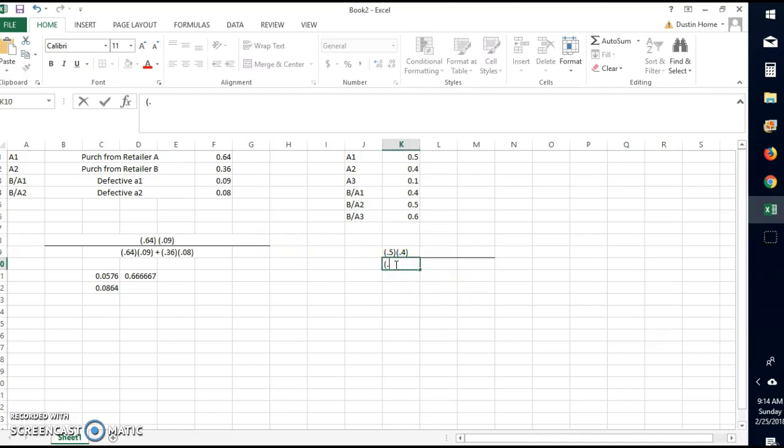We're going to repeat that, and then go straight to the next bonds. 0.4 of the bonds were R2, and given that they were R2 bonds, the probability of them being issued was 50%.